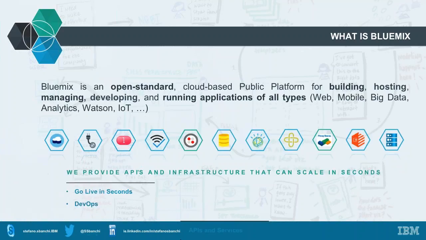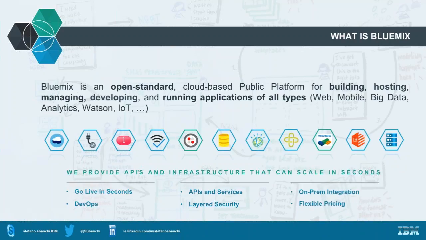So Bluemix is a cloud platform which you can use to build, host, develop, manage, and run almost all types of applications: web, mobile, big data, analytics, Watson, and IoT. When I say mobile, I mean the back-end services that you can call from your mobile client device.